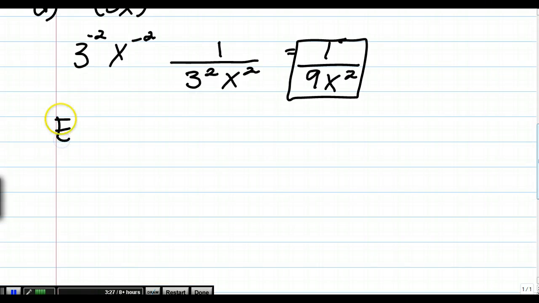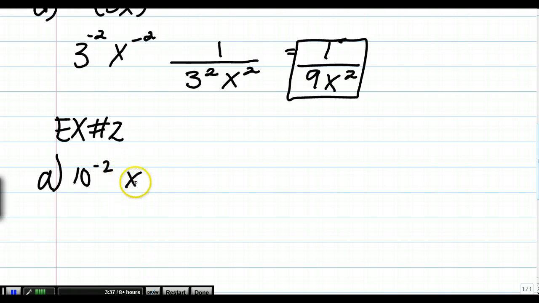Example number 2. Let's do A, 10 to the negative 2 times, this means times, in this case it's not a variable, 10 to the negative 3. When you have 10 to the negative 2, you need to make that a fraction. But before we do that, let's look. I think it'll be easier this way.